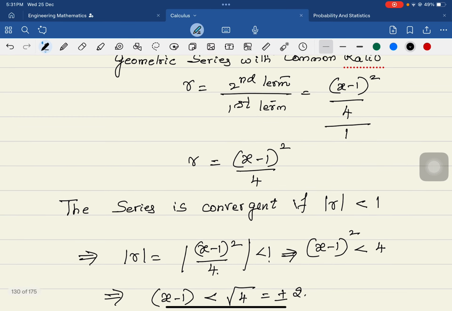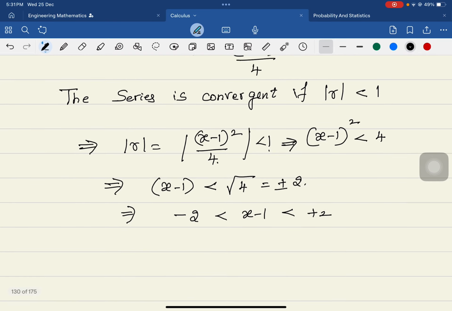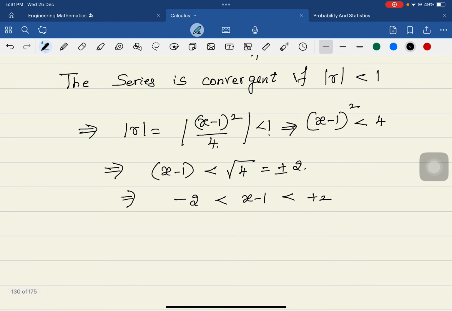As a note I have given you before also: whenever you have mod x is less than a, then minus a is less than x is less than a. So according to this rule, in the place of x you have x minus 1, that's it, right? So x minus 1 lies between minus 2 and plus 2.